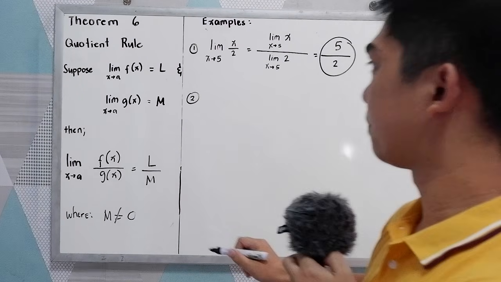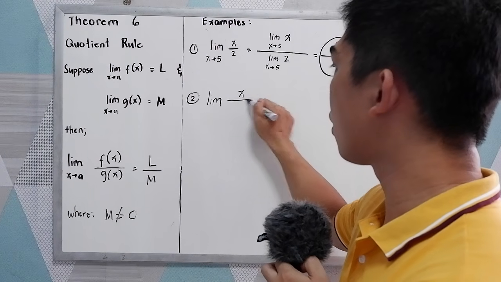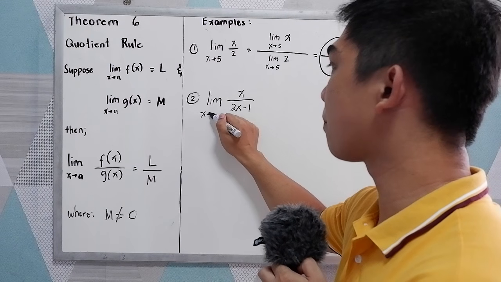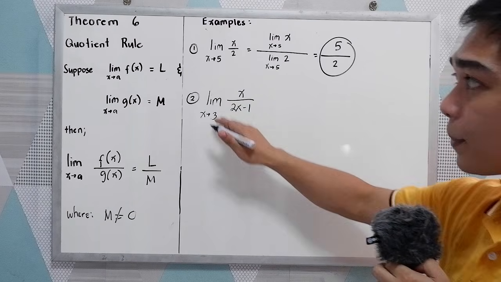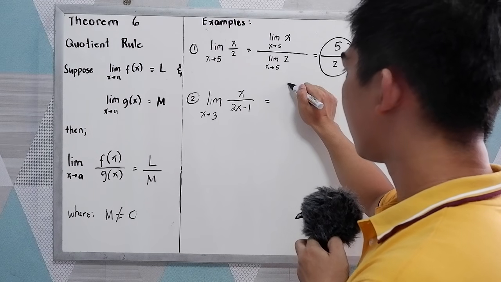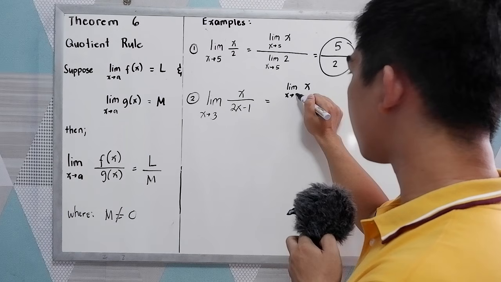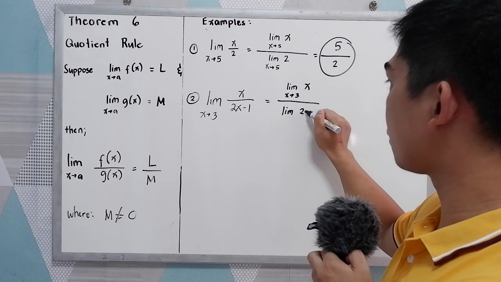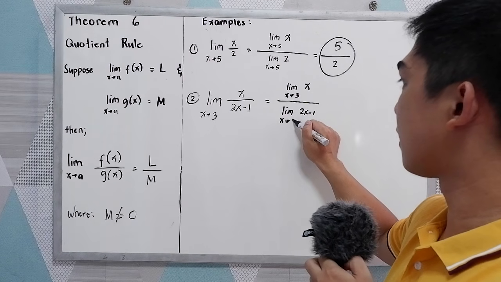Let's have a second example. Limit of x over 2x minus 1 as x approaches 3. Okay. Now, applying our quotient rule, we can write this as the limit of x as x approaches 3 all over the limit of 2x minus 1 as x approaches 3.